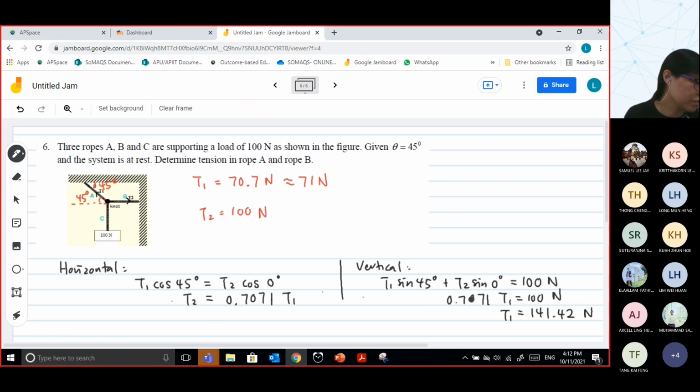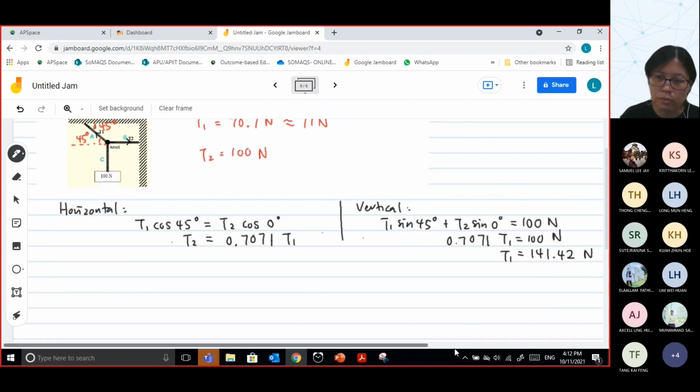T2 sine 0, I think you didn't sub it in. Wait, T2 sine 0, yeah, this one correct. T1 sine 45, correct. 100 divided by 0.7071. I think previously I'm using the square root, the surd, but it's supposed to be the same.